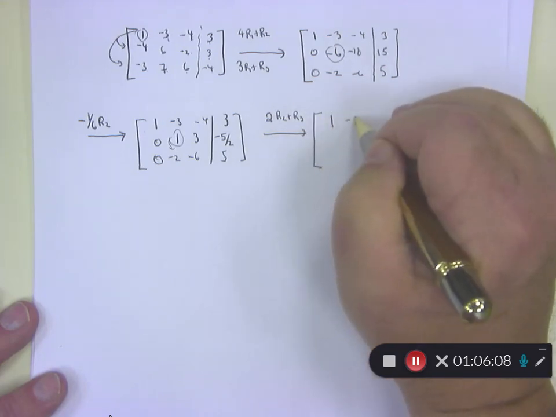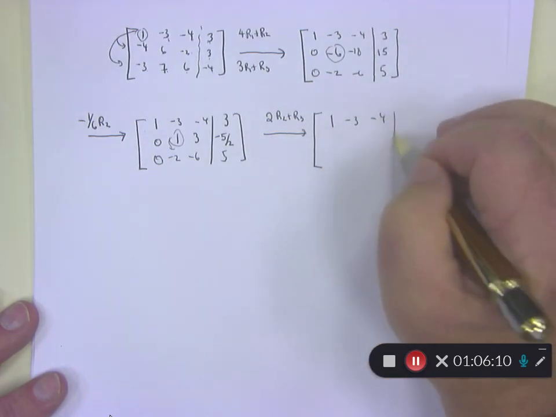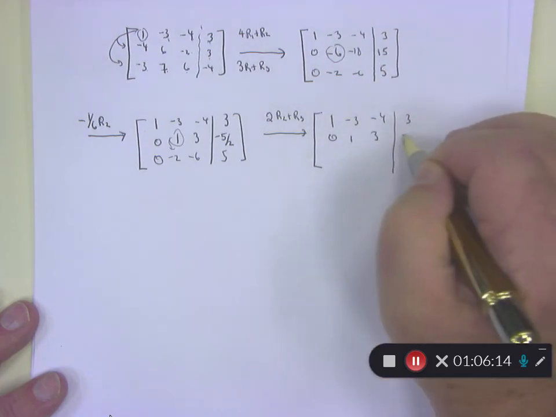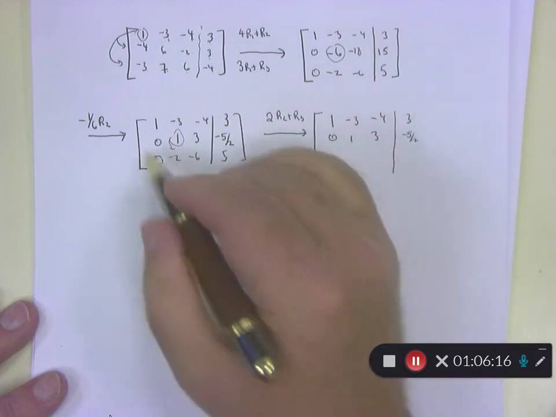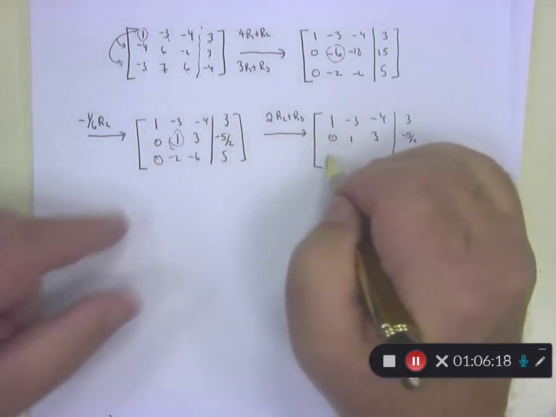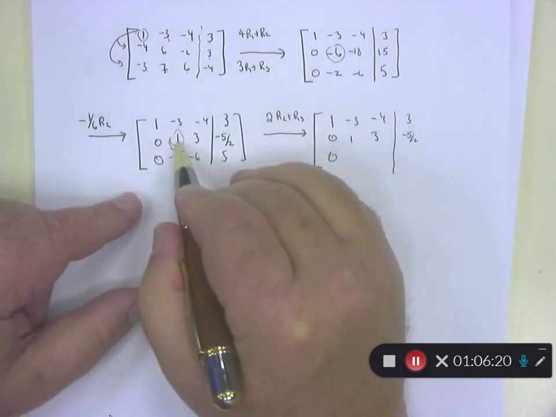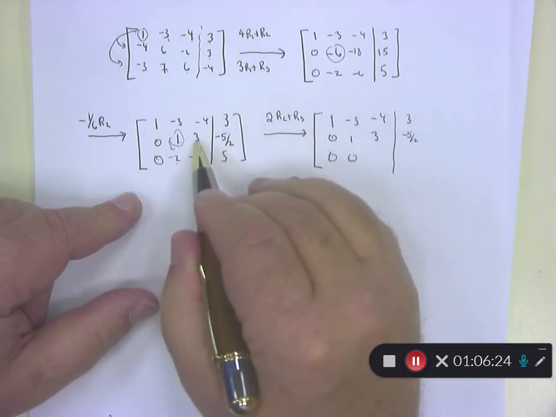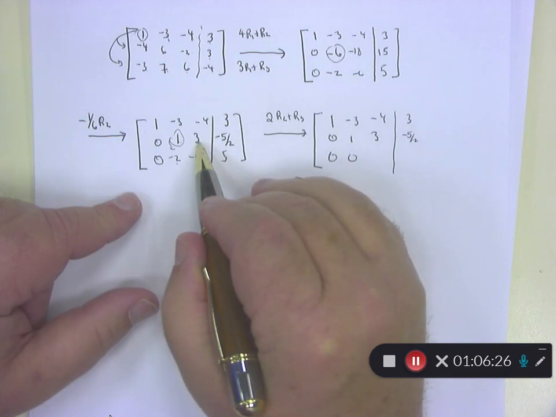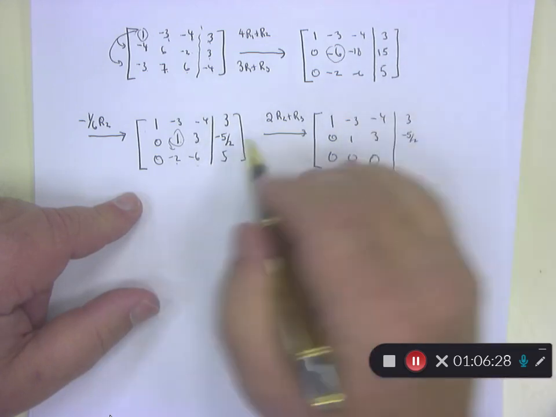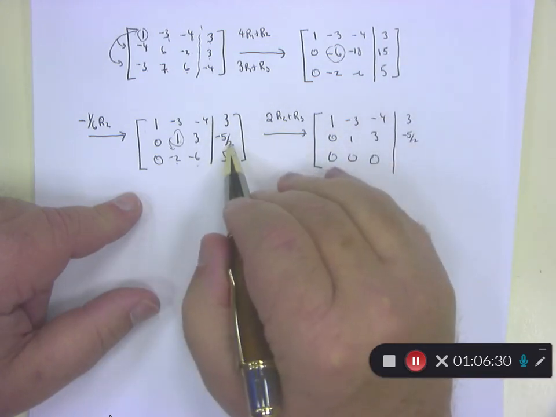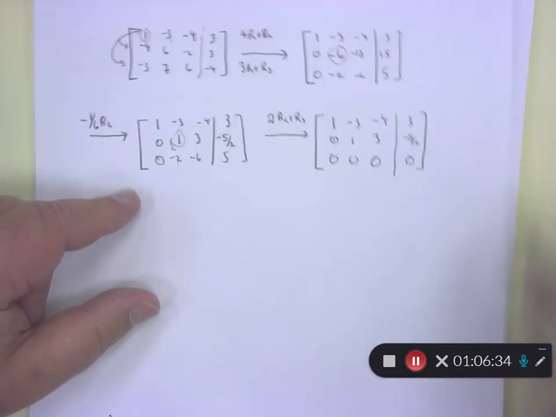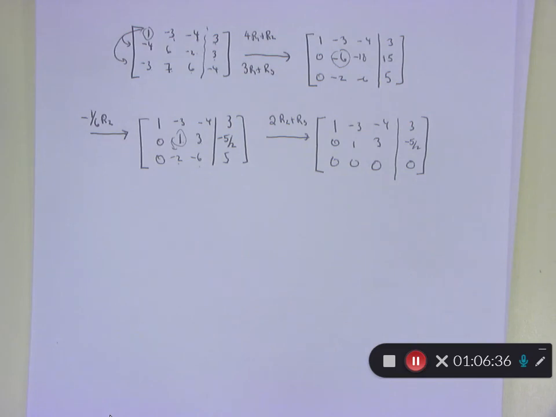So this is 1, -3, -4, augment 3. 0, 1, 3, -5 halves. 0 times 2 is 0 plus 0 is still 0. 2 times 1 is 2 plus -2 is 0. 2 times 3 is 6 plus -6 is 0. And 2 times -5 halves is -5 plus 5 is 0. I got a row of zeros.